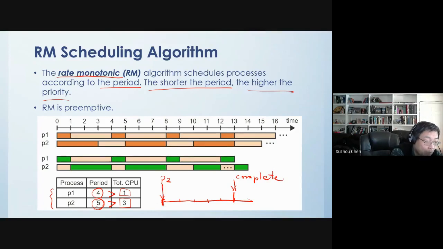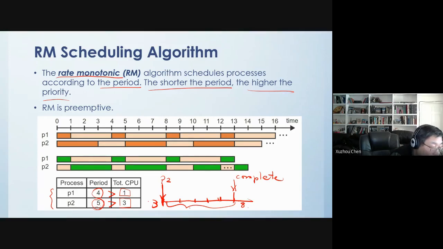So if it arrives at a particular time, say time 3, then because the period is 5, if process 2 requests the CPU at time 3, you have to complete my request by time 8, because the period is 5, so it's 8 minus 3.